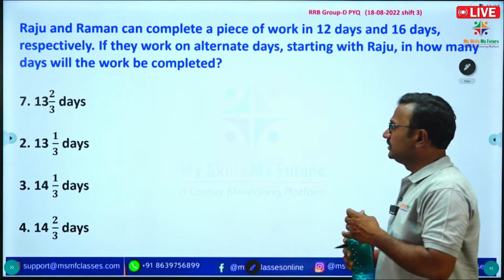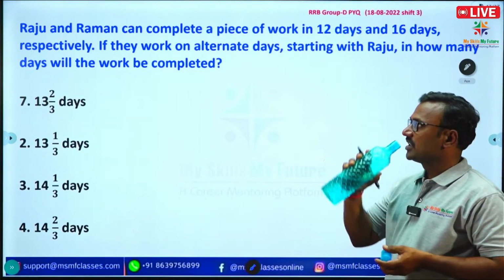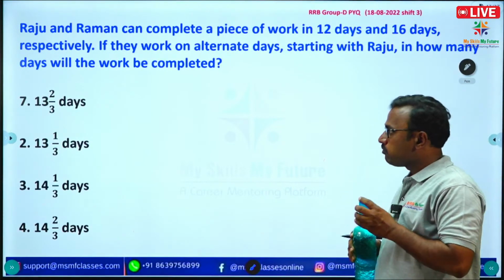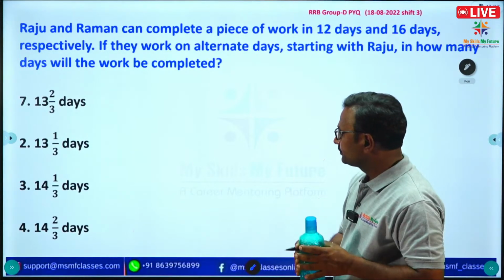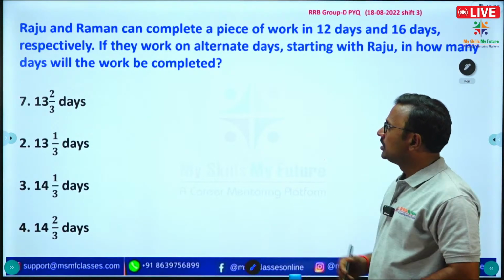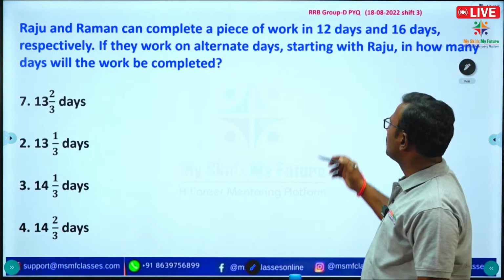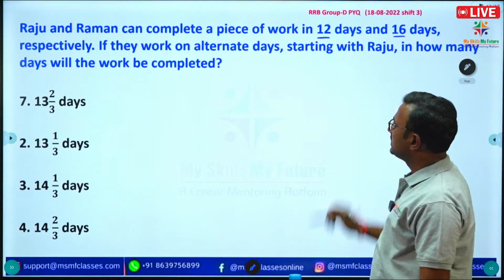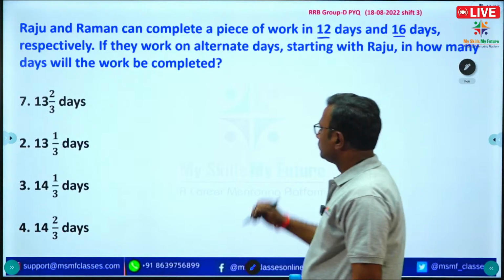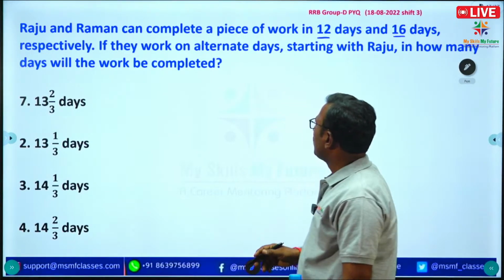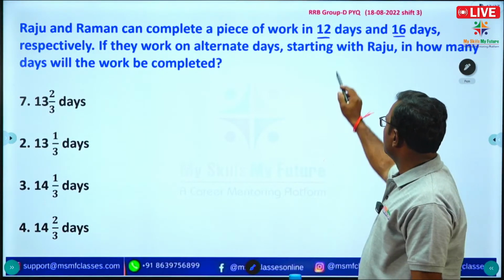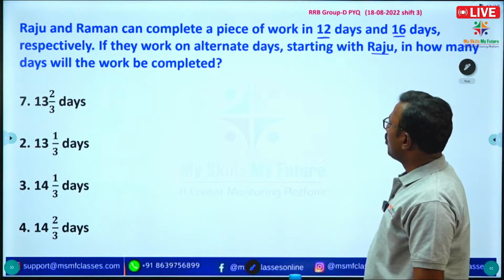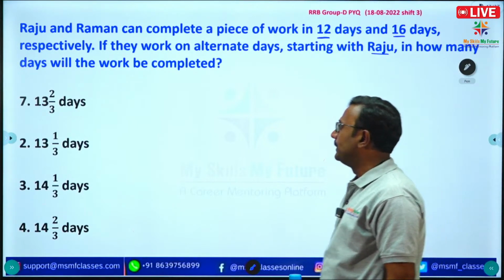See the question. Raju and Raman can complete a piece of work in 12 days and 16 days respectively if they work on alternate days, starting with Raju, in how many days will the work be completed?